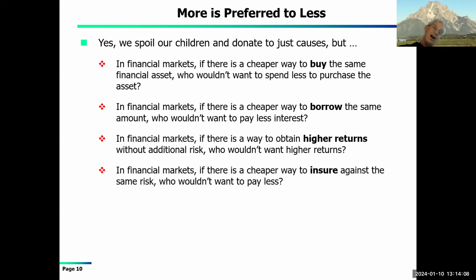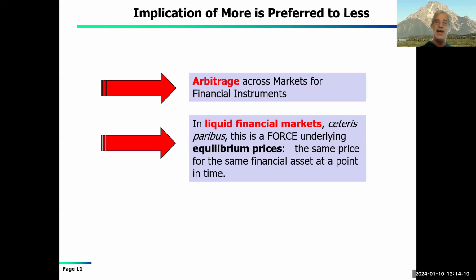It's just understanding that it's how we behave as human beings, that this is what is driving how financial markets behave. And one of the reasons is because of this force, and the force is called arbitrage. What arbitrage means is, if there's a cheaper way to do something, investors, economic agents are going to look for a cheaper way to do something.